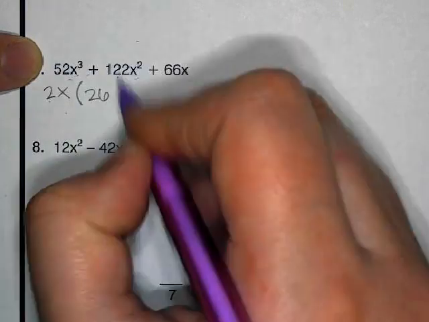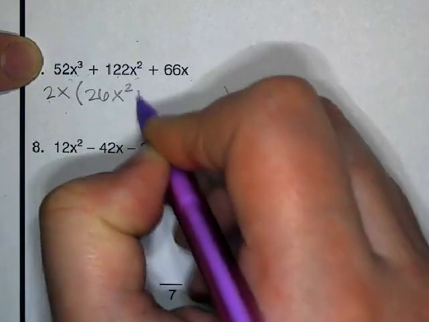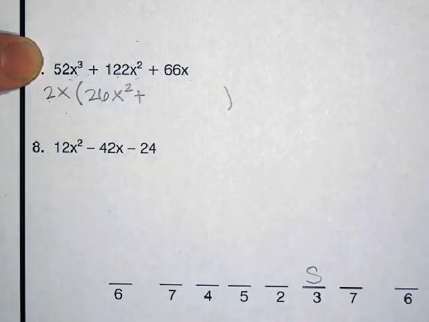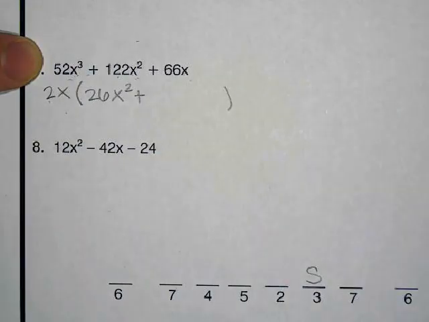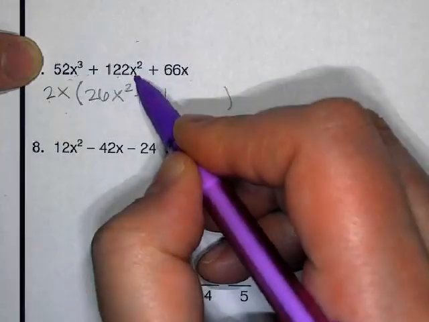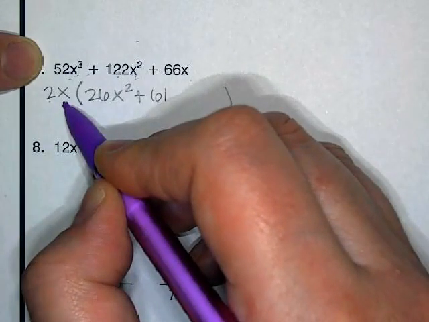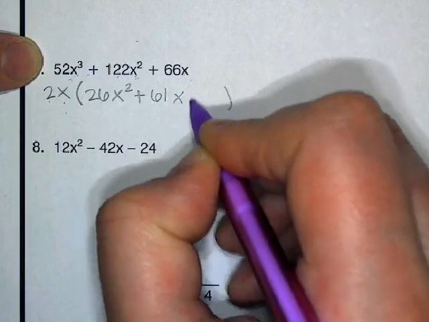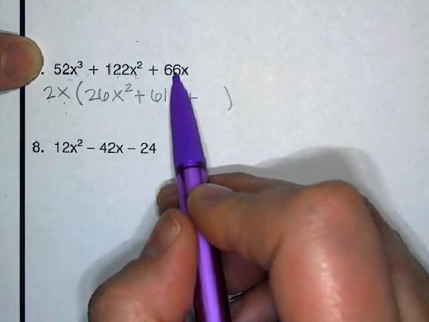Next is 122 divided by 2, 61. It was x to the second, but I took an x out. So it's just x, okay? And then we have 66 divided by 2, 33.